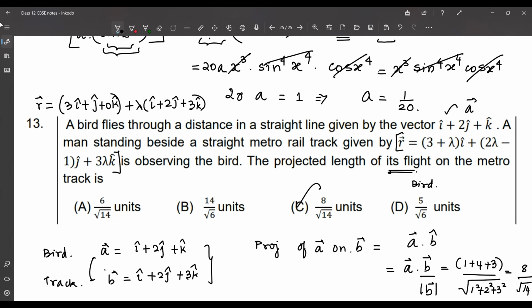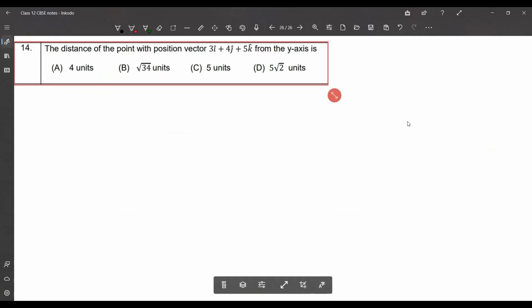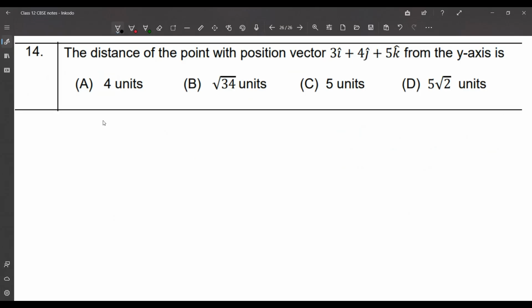Moving on to the next question. Distance of the point (3, 4, 5) from the y-axis. So what we can do is we can just take this point as (3, 4, 5) from the y-axis.